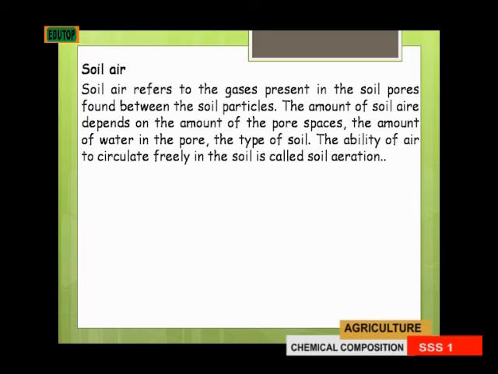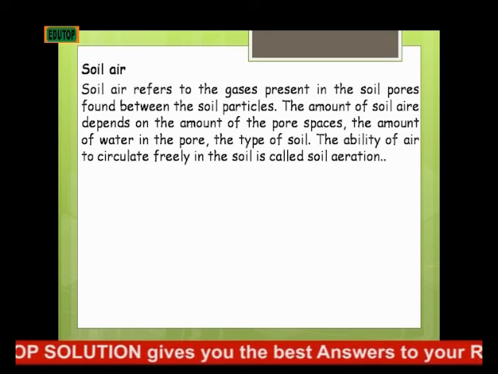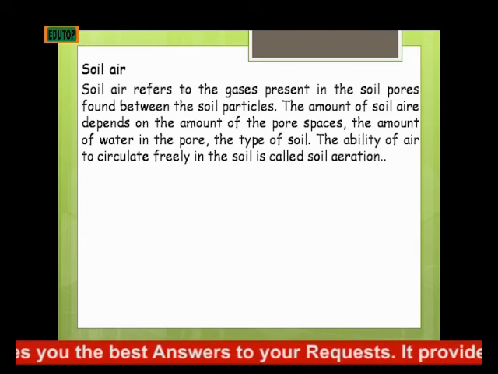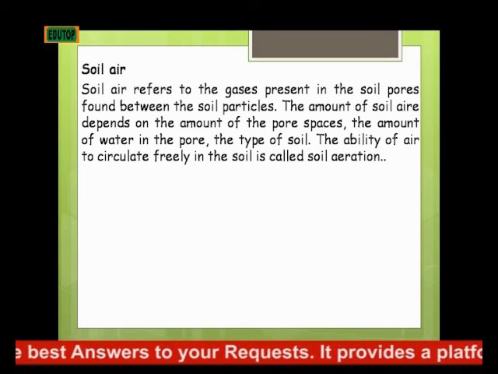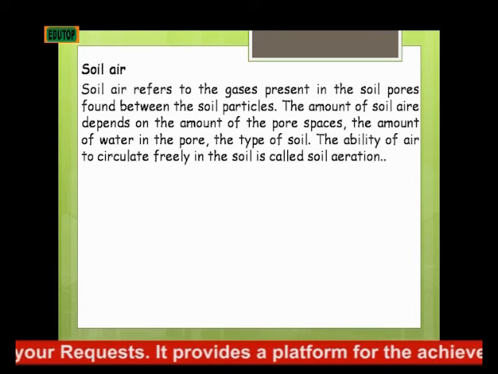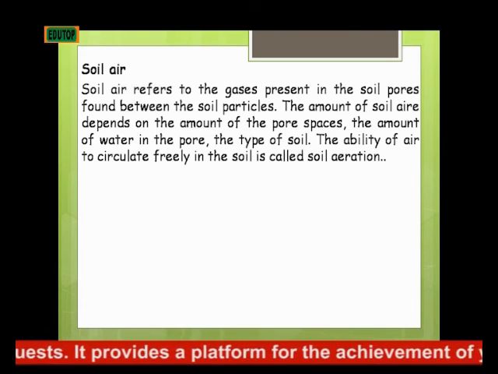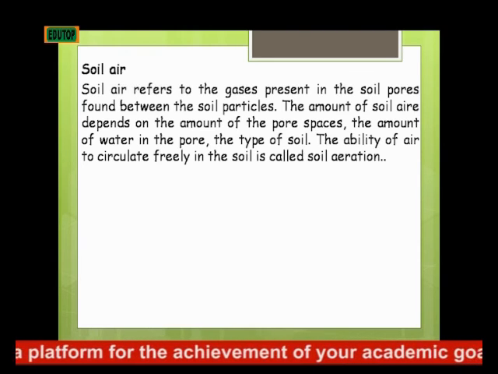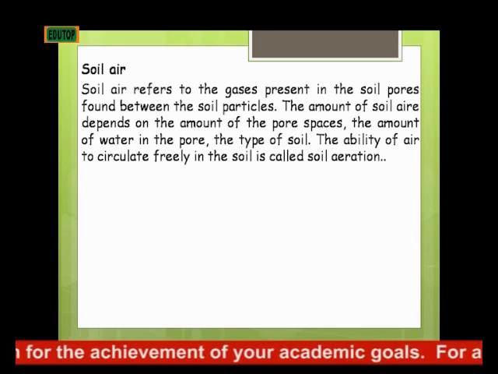Just like in clay where the pore space is very small, we should expect the soil air to be very small, unlike in sandy soil where the pore space is very large and is not filled up with water, so the soil air in such soil will be very high.